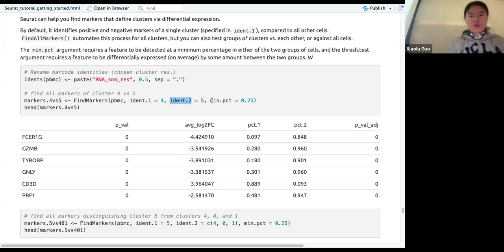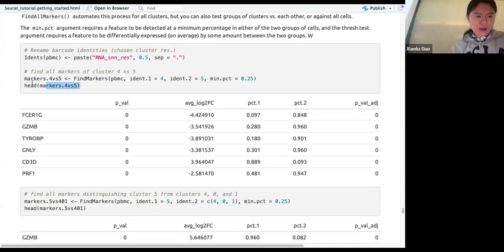We only focus on the genes that are expressed in at least 25% of either cluster 4 or cluster 5. After we run this line, we assign it to the markers data frame.